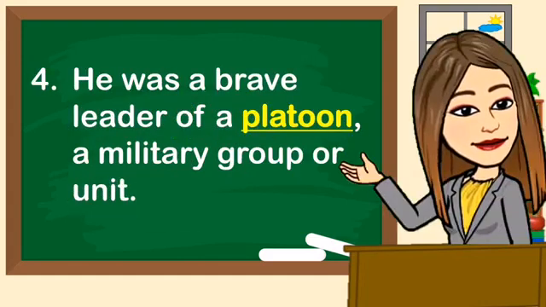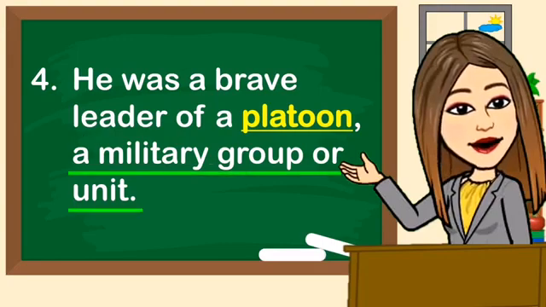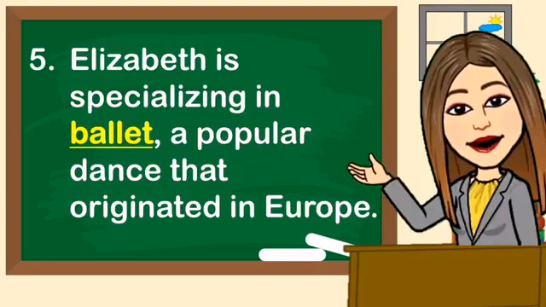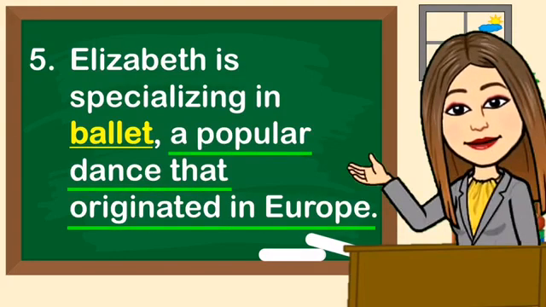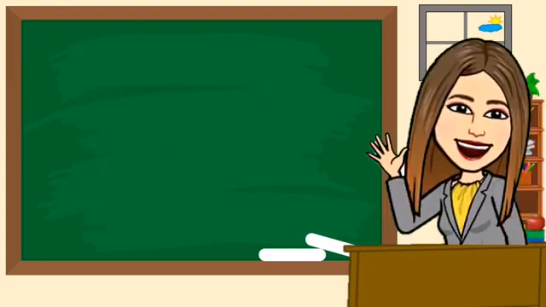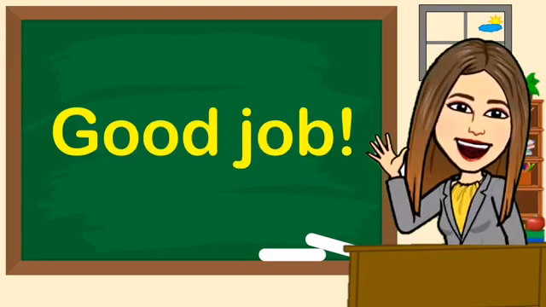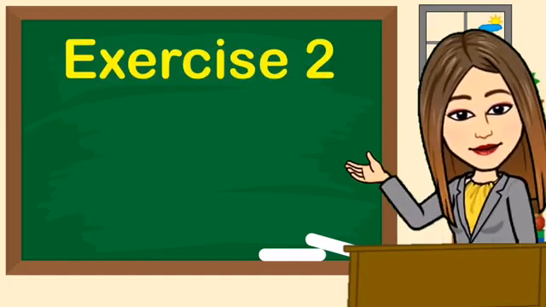Number 4. Platoon means a military group or unit. Number 5. Ballet means a popular dance that originated in Europe. Who get a perfect score? Good job!